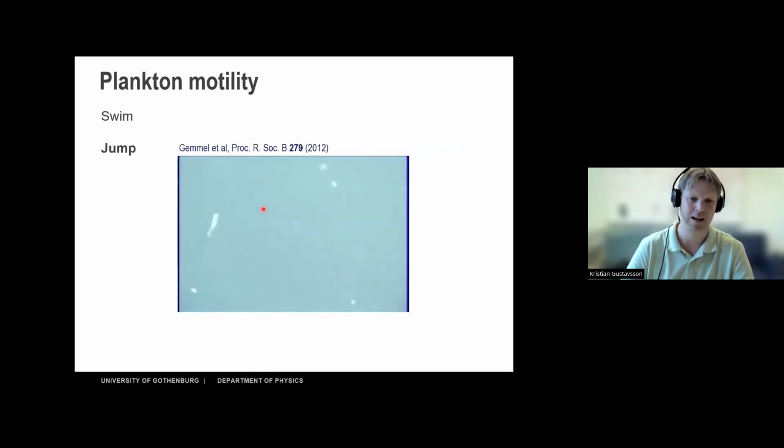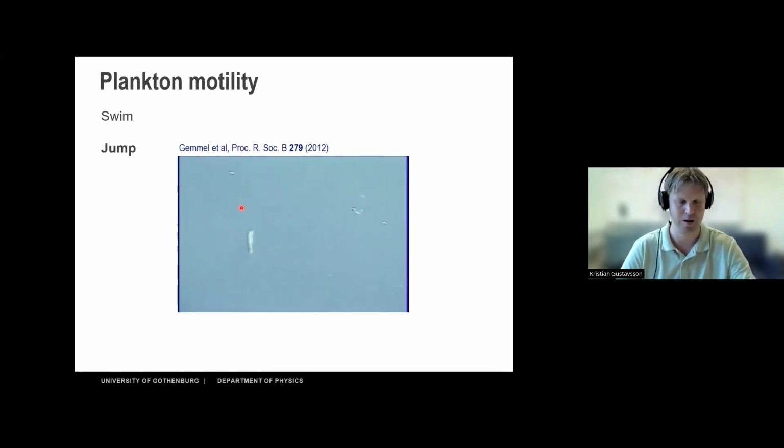This must somehow be mediated by a disturbance in the flow. The fish larva makes a disturbance, and the zooplankton jumps away at a distance. That's the way these zooplankton, or copepods, escape predators. I will maybe discuss this in more detail later, because this is something we have been working on.